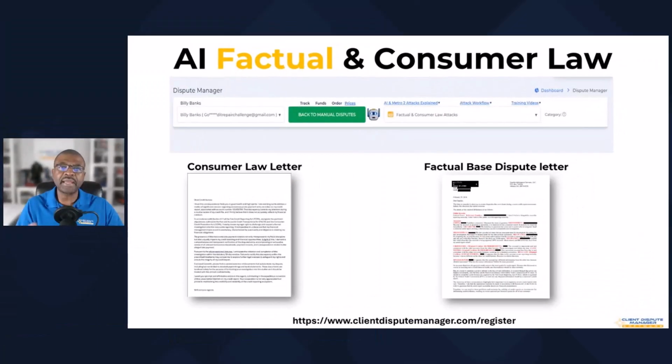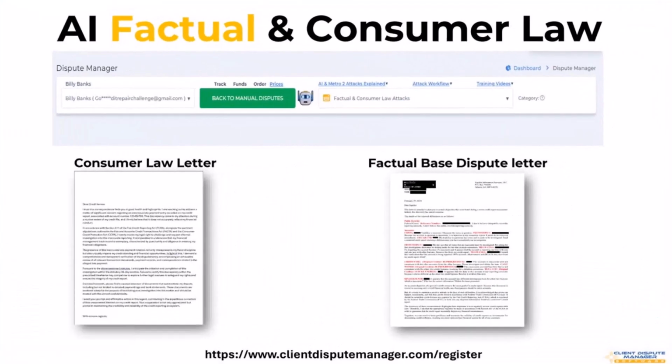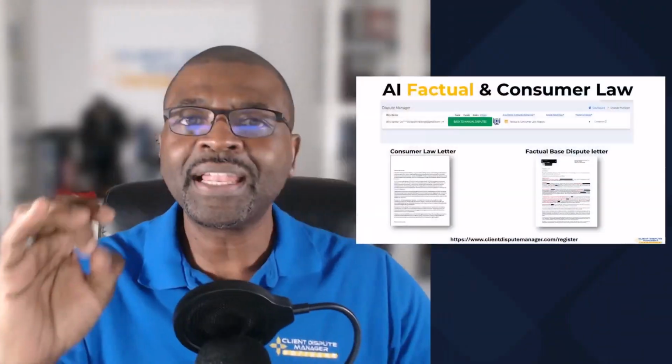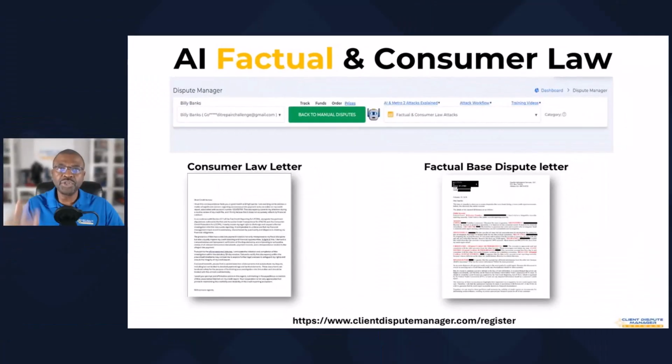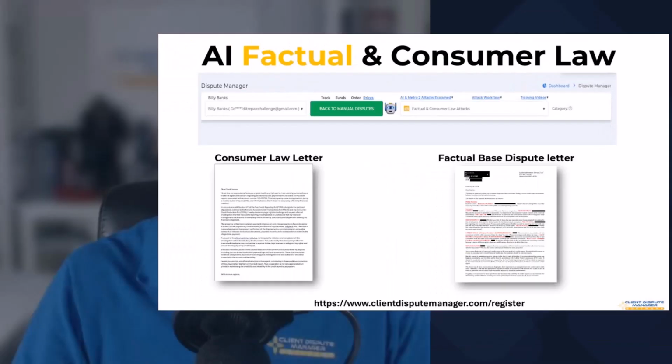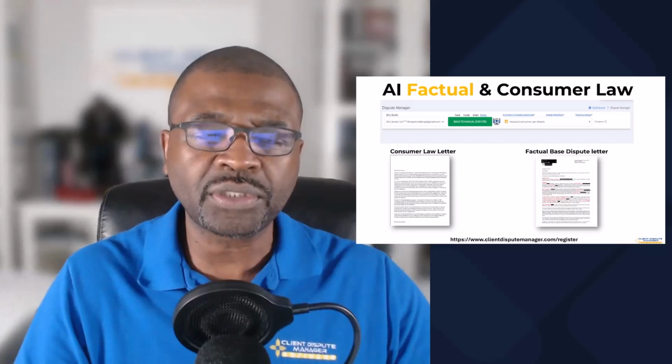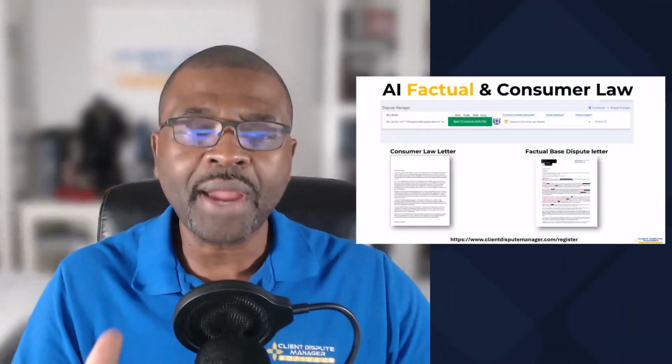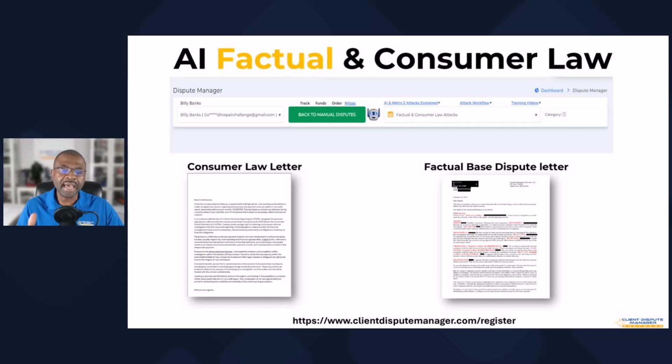It'll generate the letter, it'll pick the dispute reasons, it'll pick the dispute instructions, all for you very, very quickly, saving you a lot of time, a lot of frustration, especially if you're new to the industry and you really don't know which letters to choose, what dispute reasons to choose. But what we always say is make sure that you talk to your customer first, make sure you understand what they want to dispute first, what inaccurate information they told you, before you use our AI and factual attack engine.